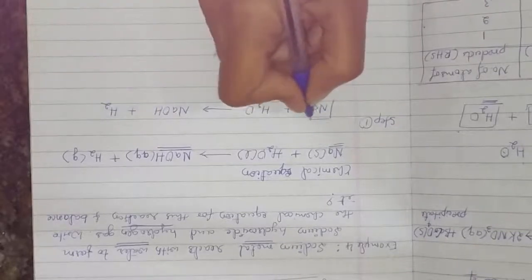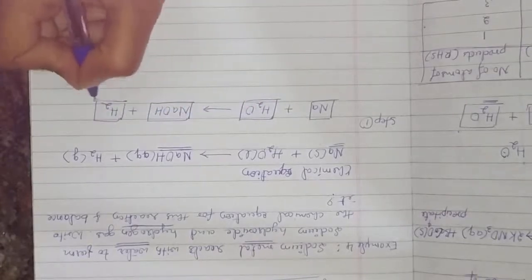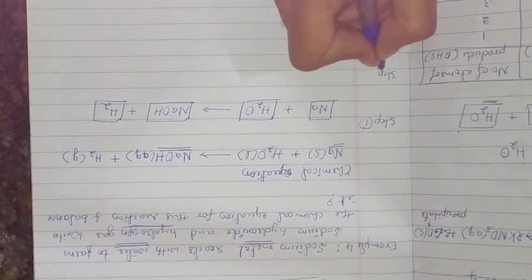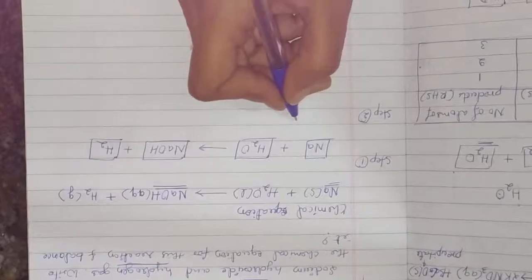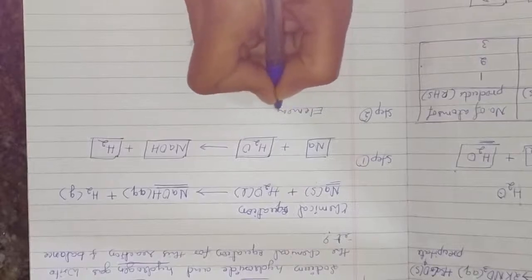Okay, we will write boxes around each chemical formula. In step 2, we will list the number of atoms of different elements on the reactants and product sides.